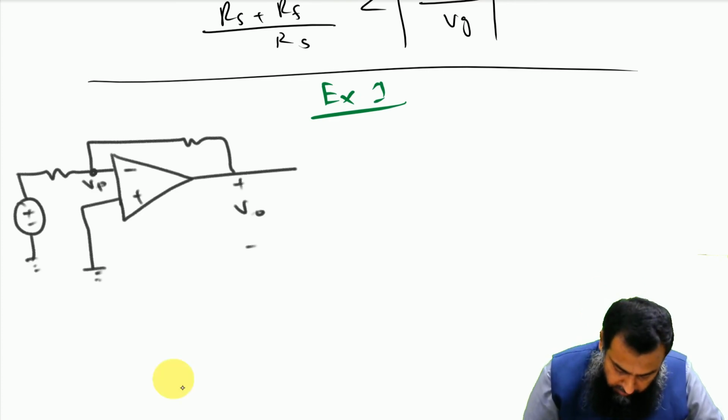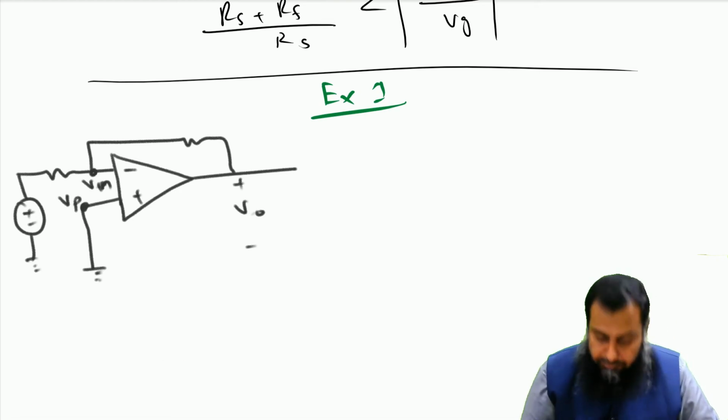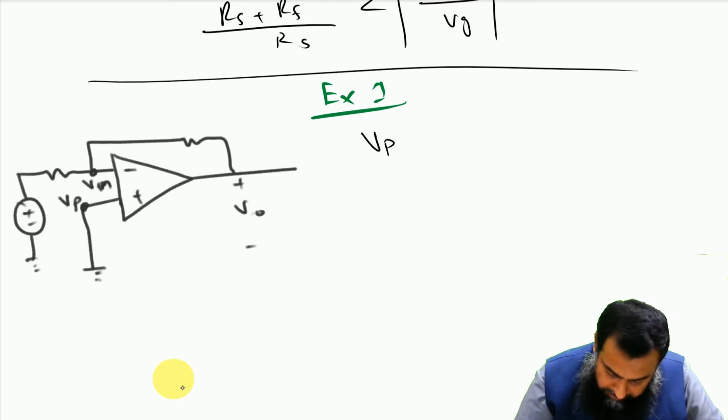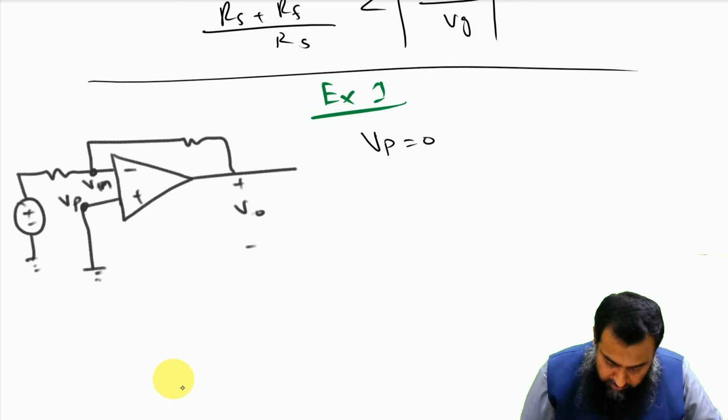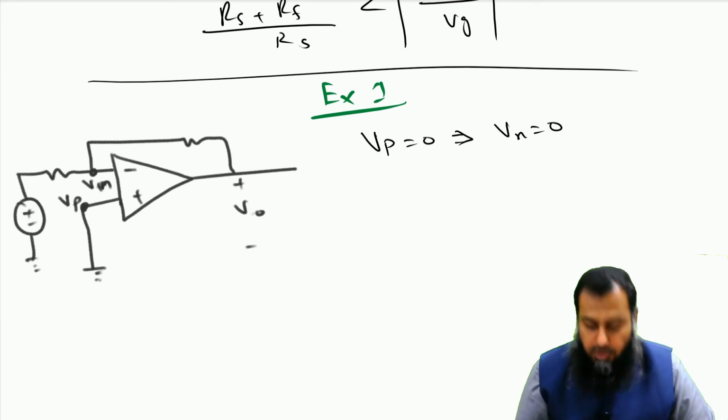I will only be discussing identifying this Vp and Vn. For this particular circuit, we have Vp equal to 0 volt because it is directly grounded, and hence we have Vn also equal to 0 volt by virtue of the virtual short.